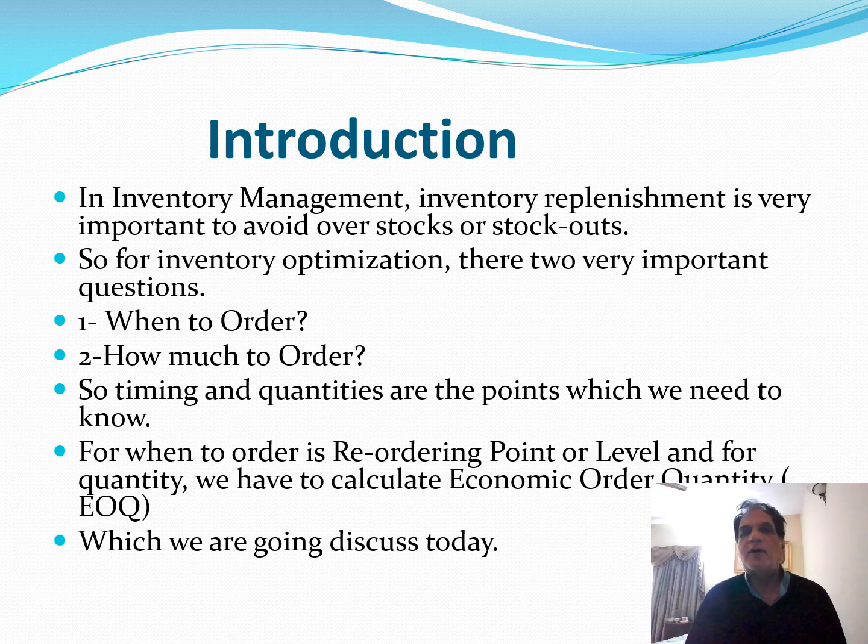So timing and quantities are the points which we need to know. When to order is called the reordering point or level, and for quantity we have to calculate economic order quantity, EOQ, which we are going to discuss today.